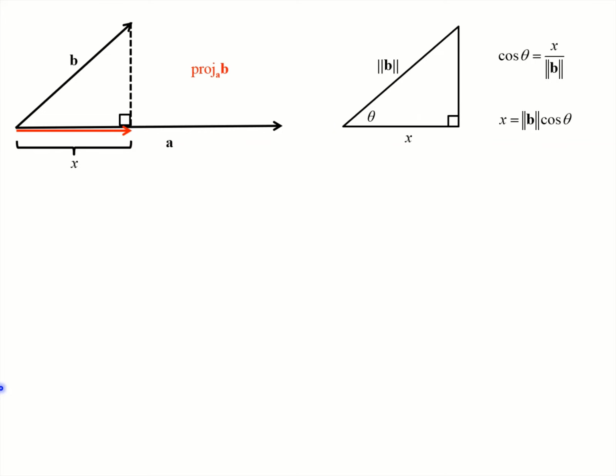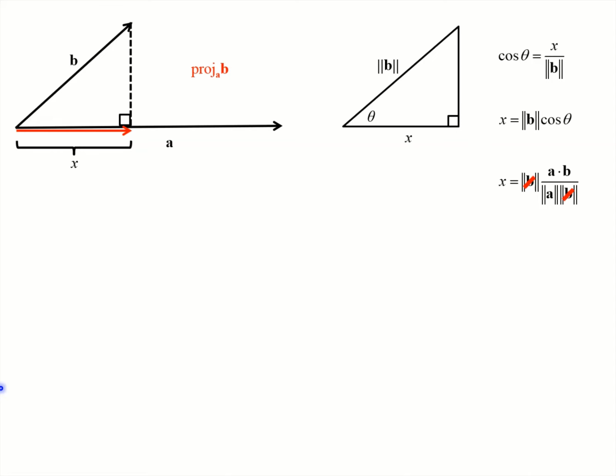Well, from a previous section, we have a formula that has the dot product and the cosine. And so I'm going to use that formula, replace the cosine with A dot B divided by length A, length B. And look what happens. Length B's will cancel.